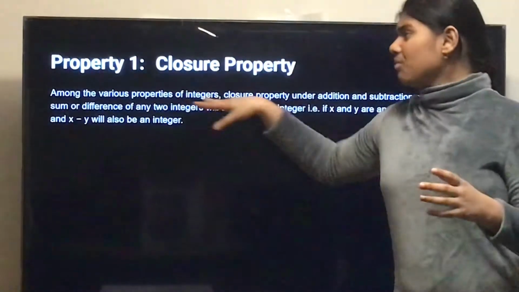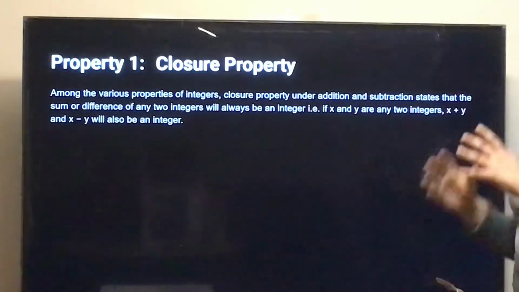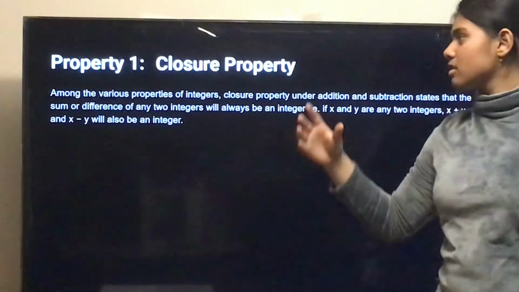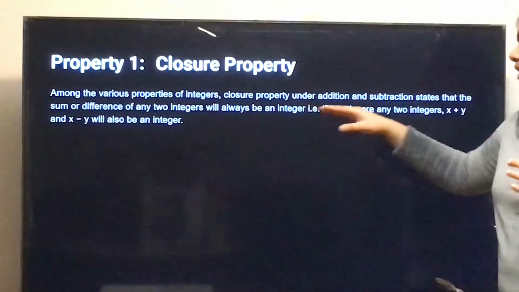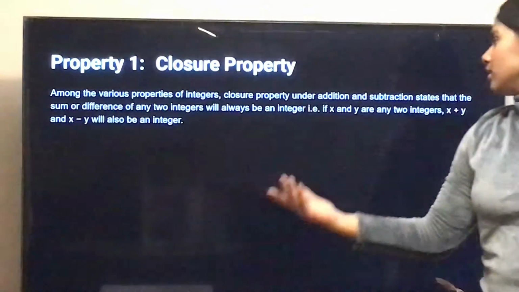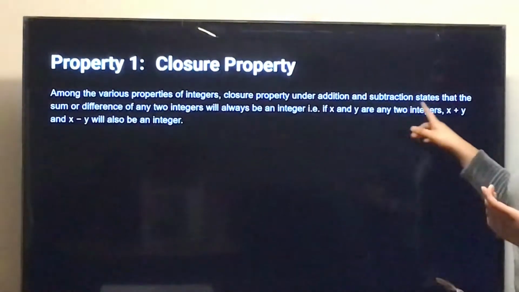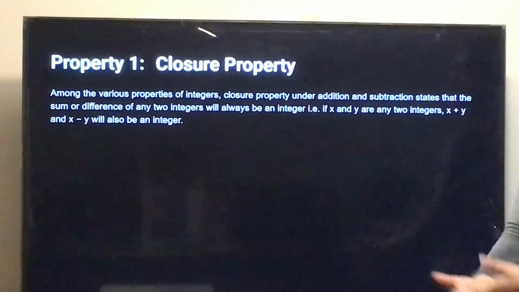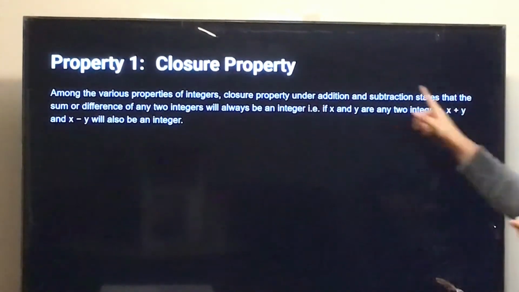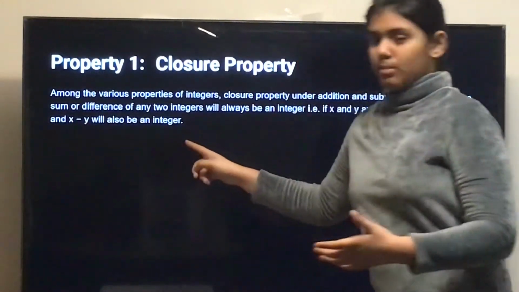So among the various properties of integers, the closure property under addition and subtraction states that the sum or the difference of any two integers will always be an integer. So take any two integers, for example, x and y I have right here. And so for these two integers, x plus y and x minus y will also be an integer.